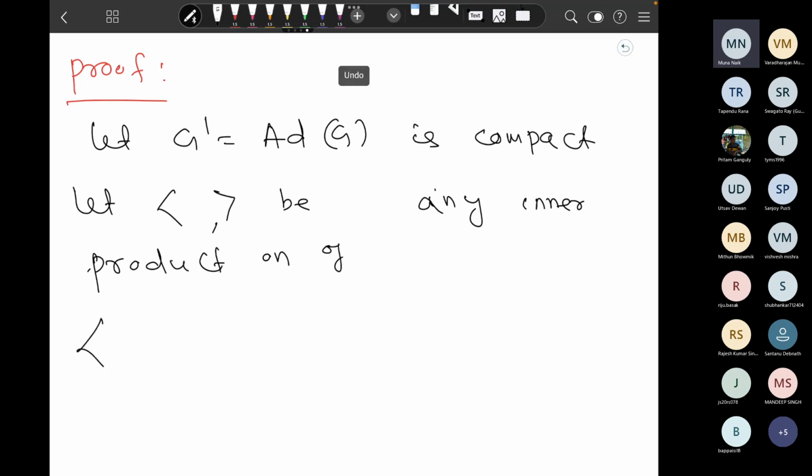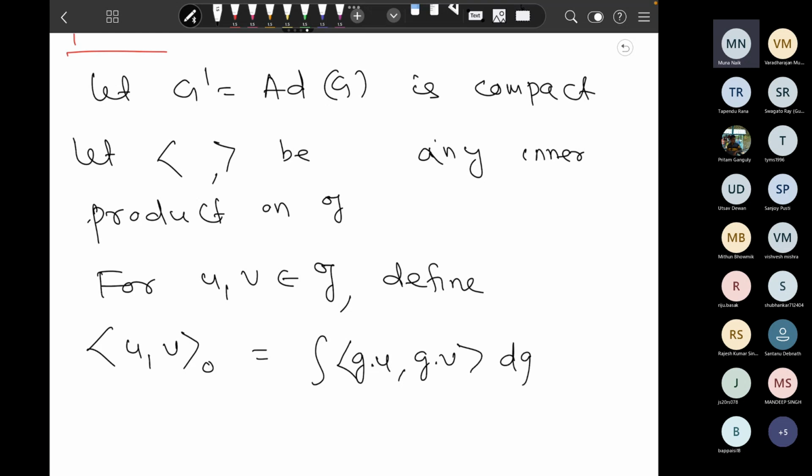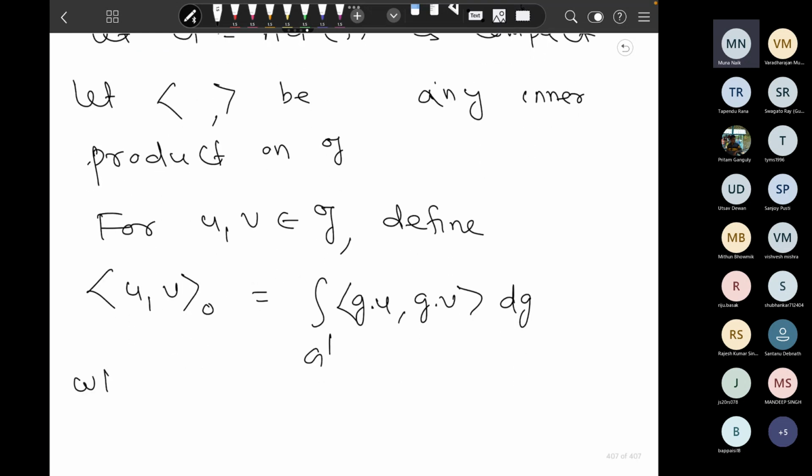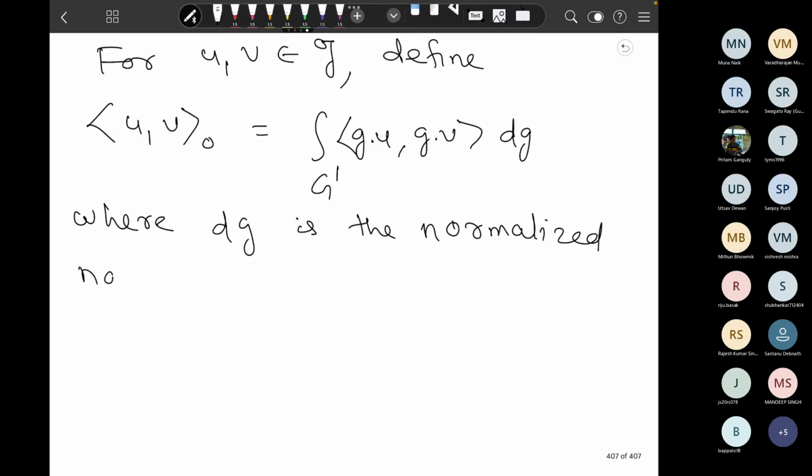For U, V belonging to the Lie algebra, you define this new inner product as the integral over G' of the inner product of G dot U and G dot V dG, where dG is the normalized Haar measure of G'. Normalization is not needed, but I want it. Left and right in this case are actually the same.